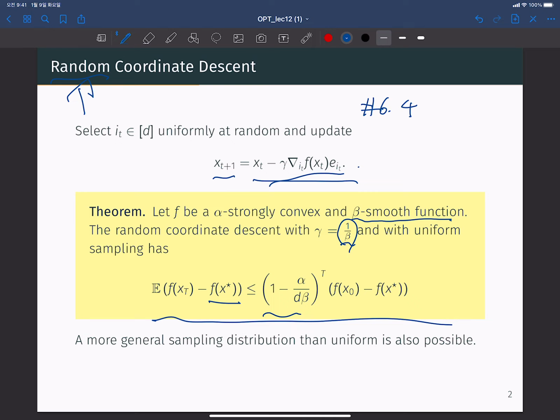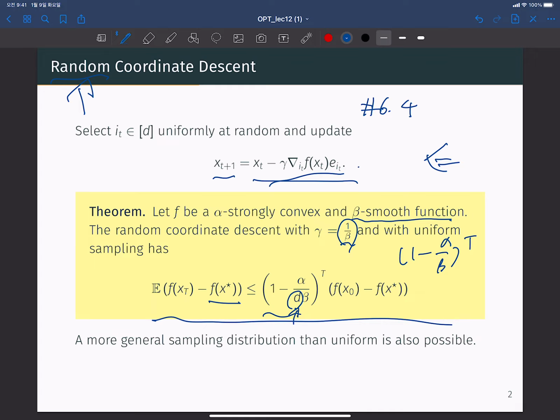Let's compare this uniformly random coordinate descent approach and pure vanilla gradient descent. With vanilla gradient descent, we have (1 minus alpha over beta) to the power 2T. So we have the additional term d in the denominator, which feels like a slower convergence rate. But remember that in this case, we just compute one coordinate.